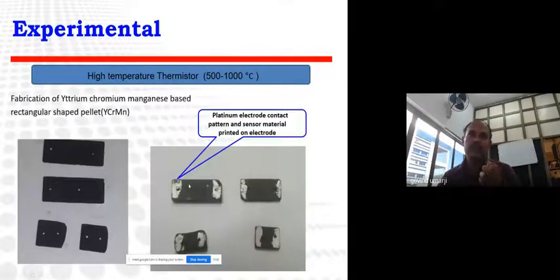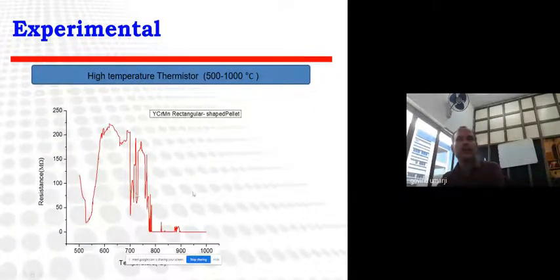So we started to look for an alternative. We prepared a rectangular pellet of these different materials having platinum electrode. Now from here, the photo patterning technique had some limitations. We understood that.